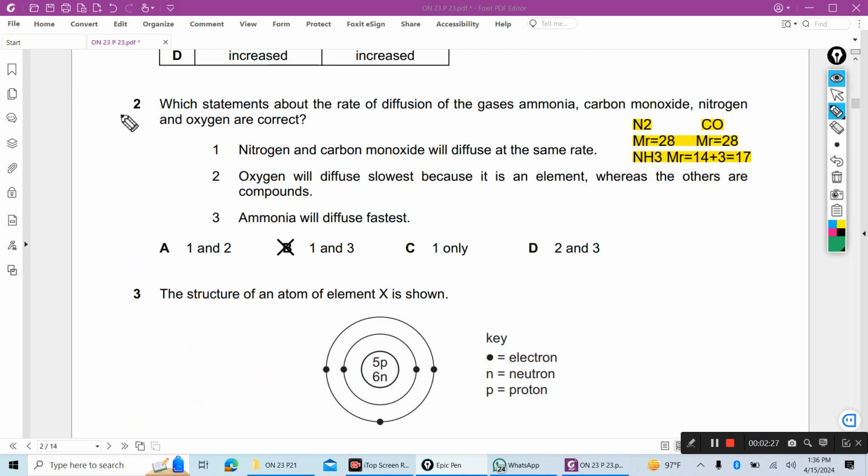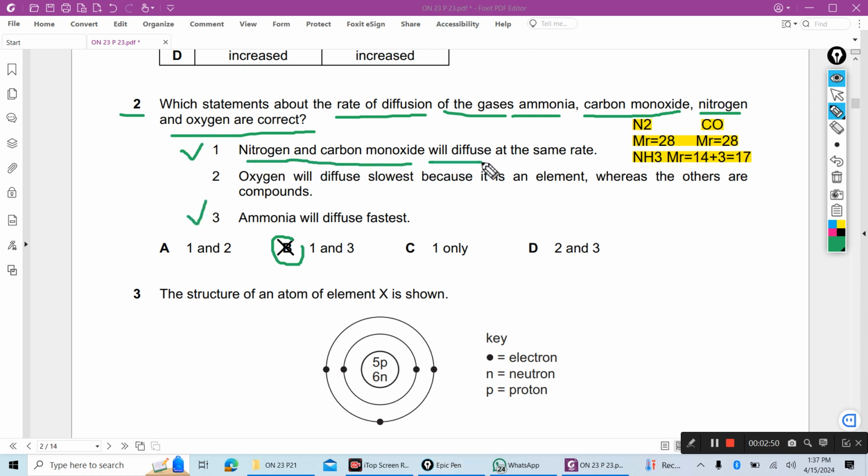Number 2. Which statements about the rate of diffusion of the gases ammonia, carbon monoxide, nitrogen and oxygen are correct? Here B is the correct answer. 1 and 3 are correct. Why? Nitrogen and carbon monoxide will diffuse at the same rate.